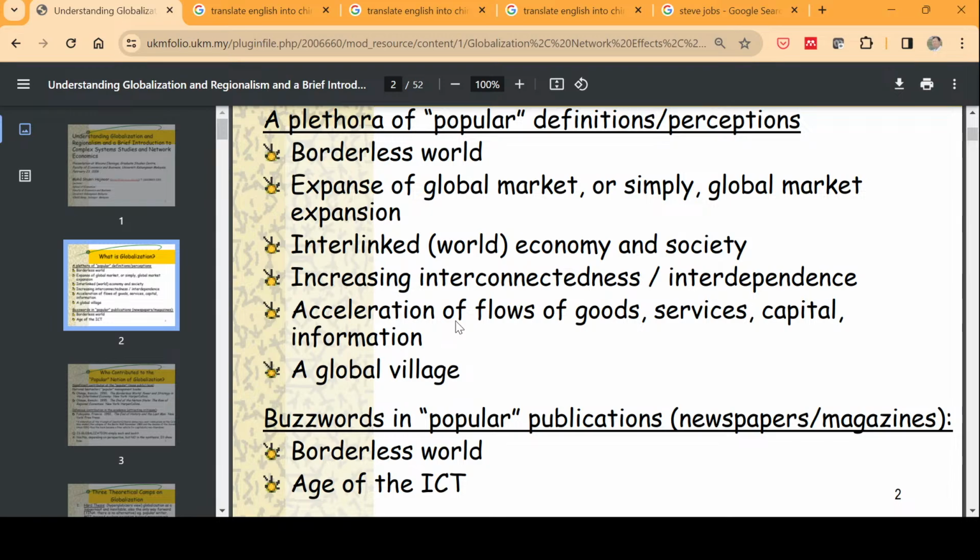So let's go to the slide of network effect, and the rest is the origin of the theory.